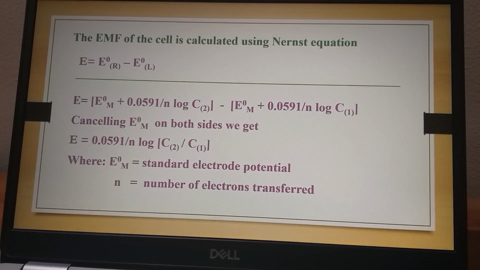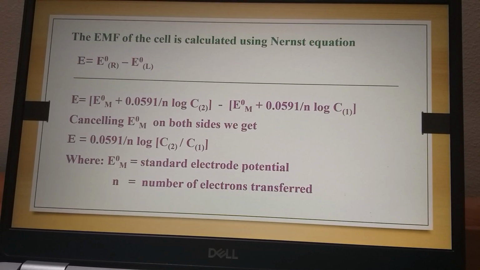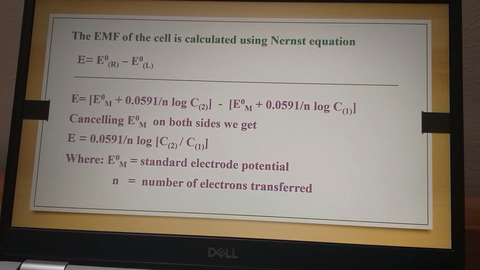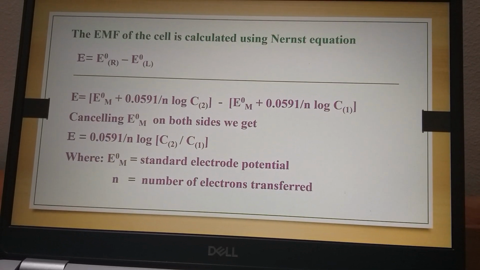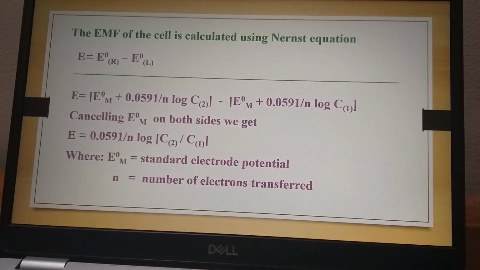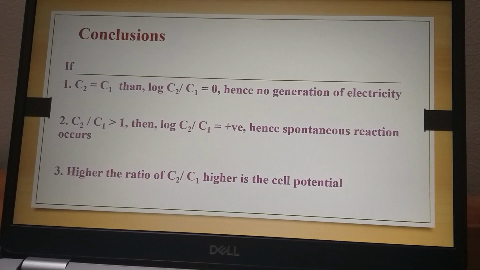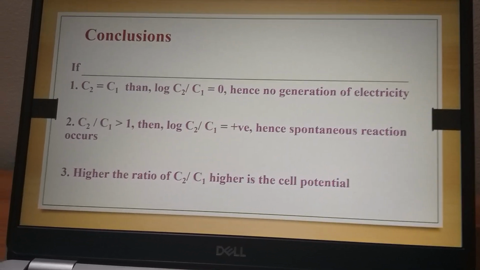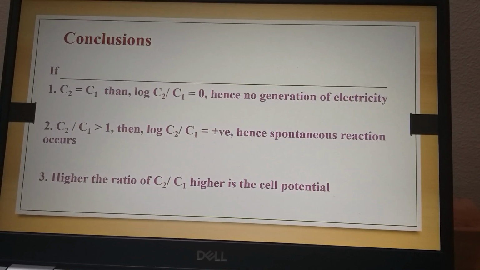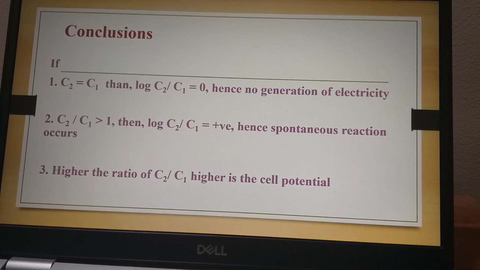So whenever we are calculating the E cell of a concentration cell, the concentrations should be taken into consideration, and the reactions should be written so that we can calculate the number of electrons transferred during the reaction. We can conclude that if C2 is equal to C1, then log C2/C1 will be 0, and in this case there will be no generation of electricity.